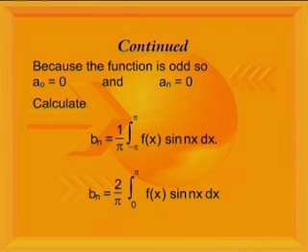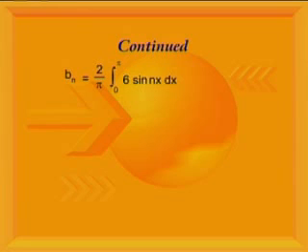Here our f(x) is 6, so therefore b_n is equal to 2 over pi into the integral of 6 sin nx with respect to x, x from 0 to pi.